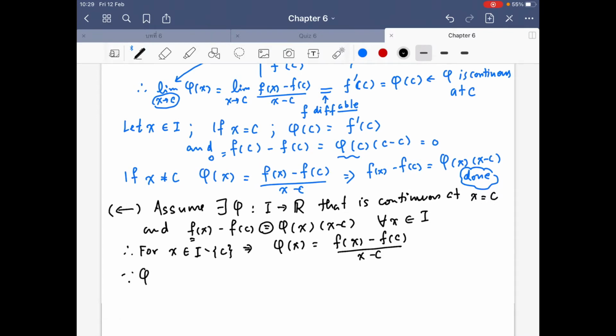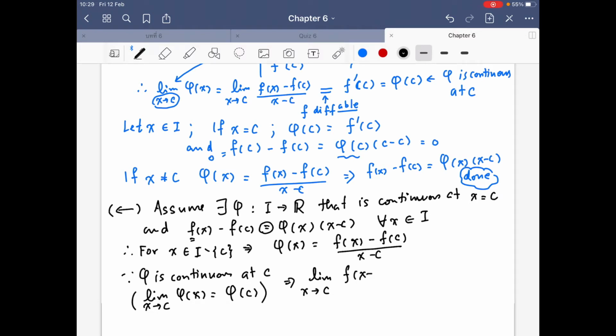So if you take away the c, this one can be written as this quotient, okay. And because your phi is continuous at c, what does this mean? The limit of phi x as x goes to c is phi c itself. So it means that the limit as x goes to c of this quotient, f x minus f c over x minus c, because this quotient on your left hand side is actually your phi, right?